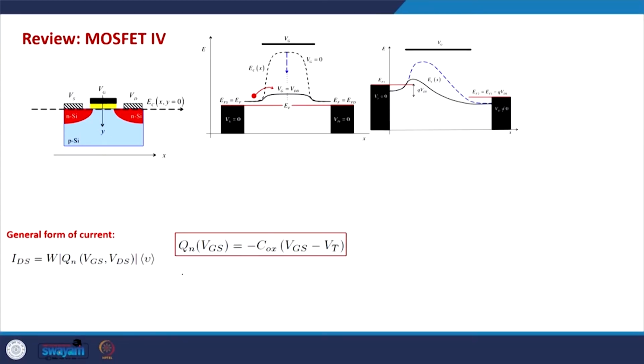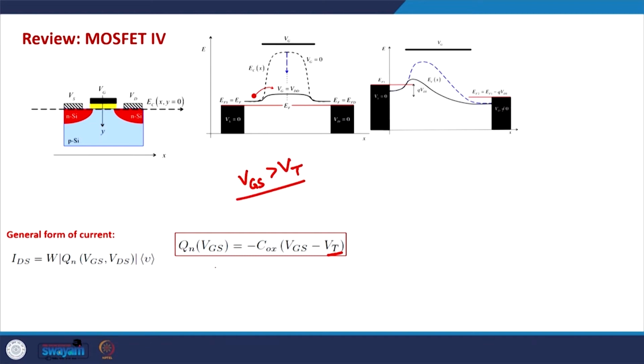We also saw in our discussion of the IV characteristics that generally it is assumed that when the gate voltage is less than the threshold voltage, the charge in the channel is negligible. So, the charge in the channel starts appearing only when VGS is greater than VT.